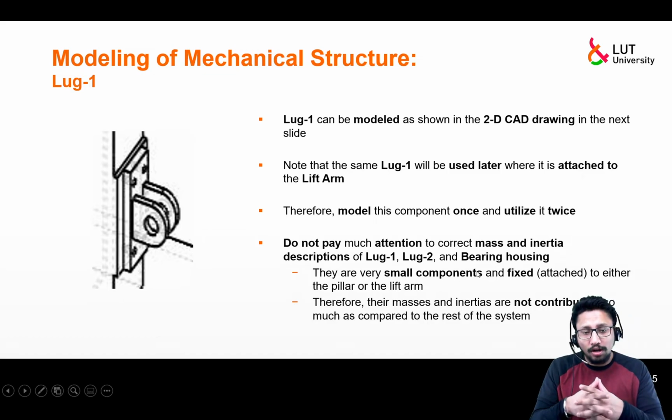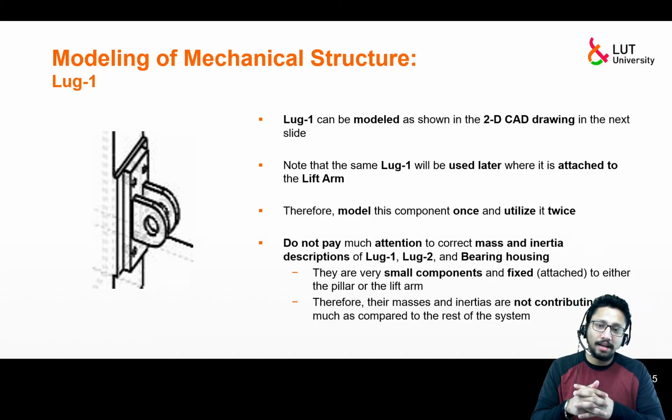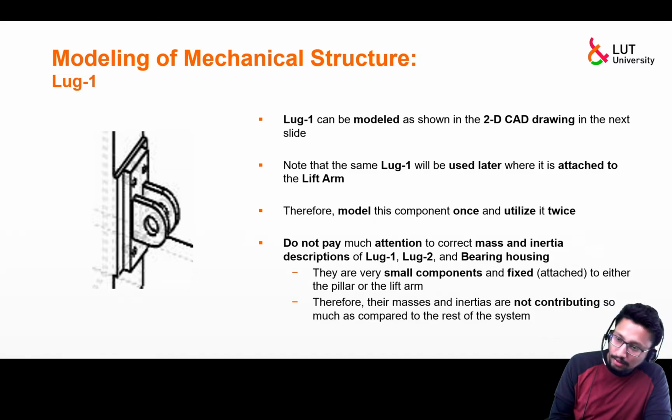Since they are very small components and they are rigidly fixed to the pillar or to the lift arm, made as rigid bodies and not moving in general, their mass and inertia properties are not contributing much compared to the rest of the system. So if you want to skip it, you can skip it.